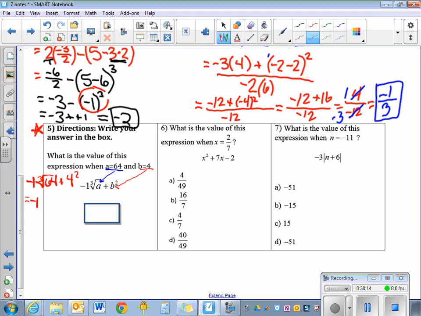Negative 1 times cube root of 64. Everybody figure that one out? 4. The cube root of 64 is 4.